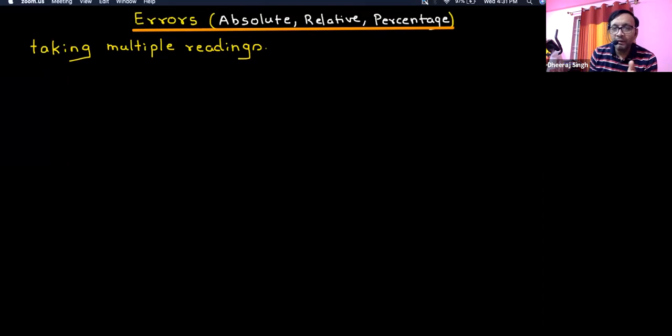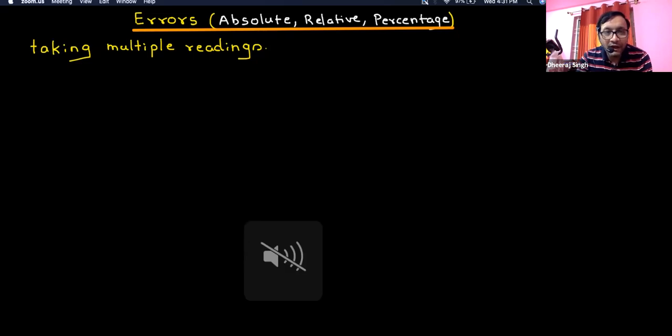Random error can sometimes be lesser than the actual value, sometimes more than the actual value. So when you take the average of all the readings, what will happen to the random error?